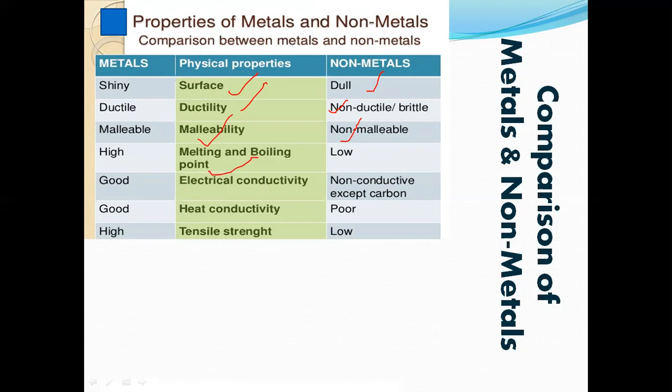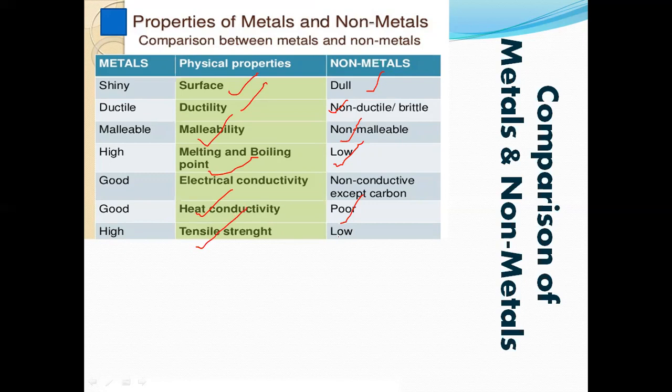Metals have high melting and boiling points, and non-metals have low melting and boiling points. It means metals need lots of heat to melt, and then they can boil. Metals can conduct heat and electricity, and non-metals are poor conductors.